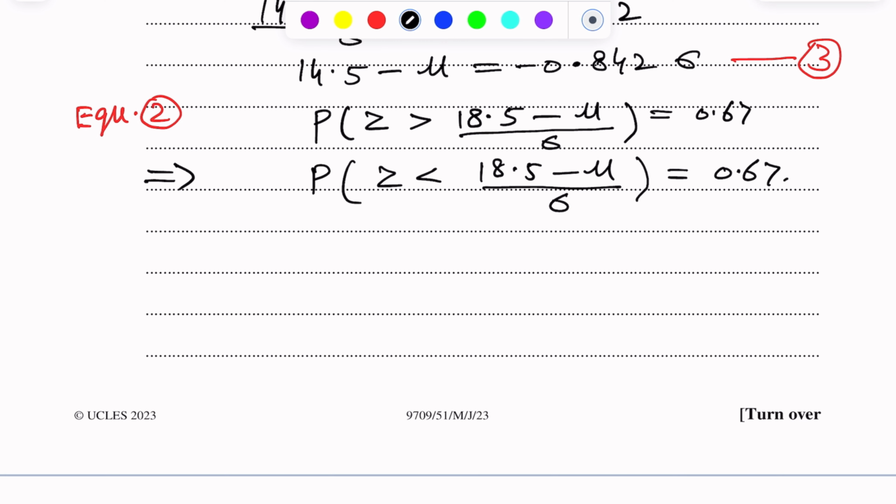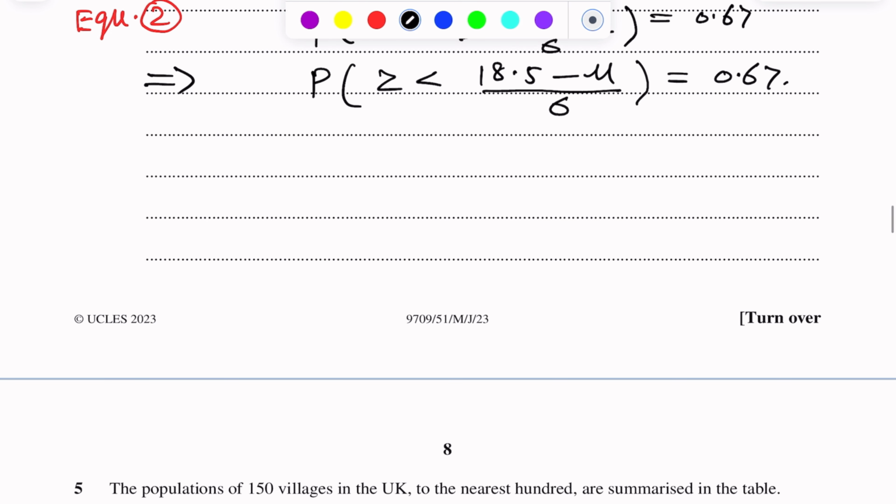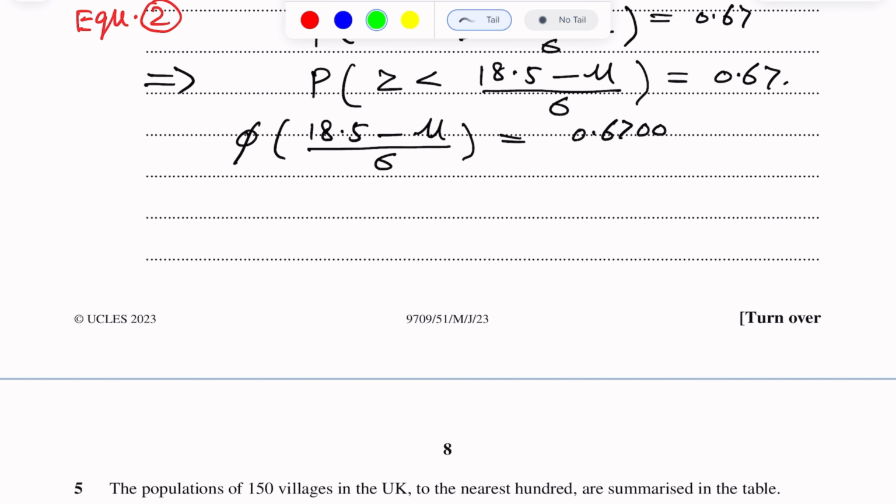Because the sign is less than, we can write this left side in terms of phi. So phi of 18.5 minus mu over sigma is equal to 0.6700. We are writing this in four decimal places.